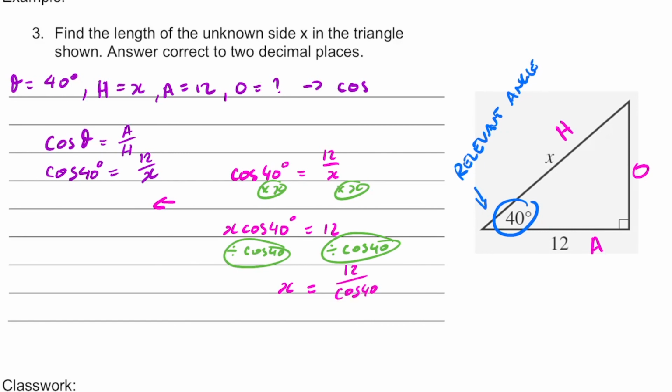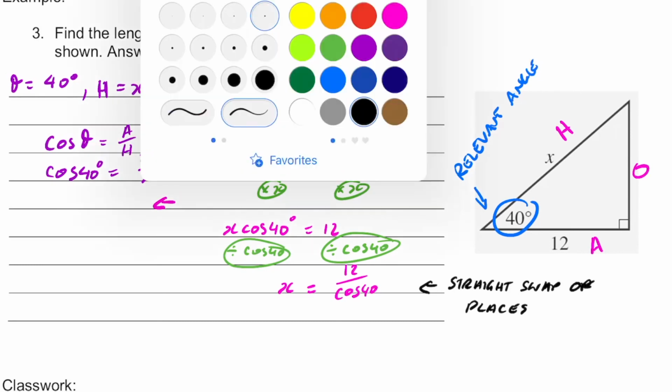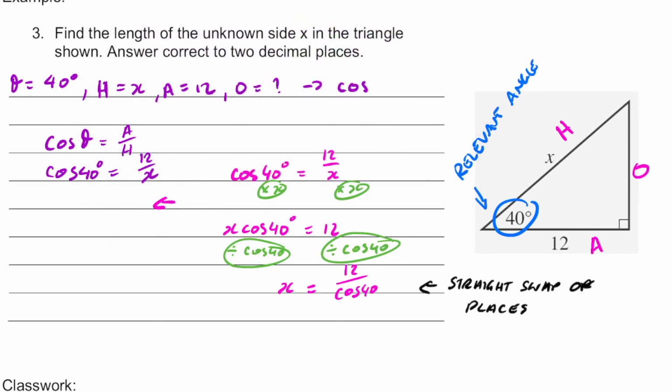And as you can see there, it's essentially a straight swap of places, the denominator and the part with the angle in it. Alright, so it's just a straight swap of places. So what we're going to end up with over here is go straight to x equals 12 on cos 40.